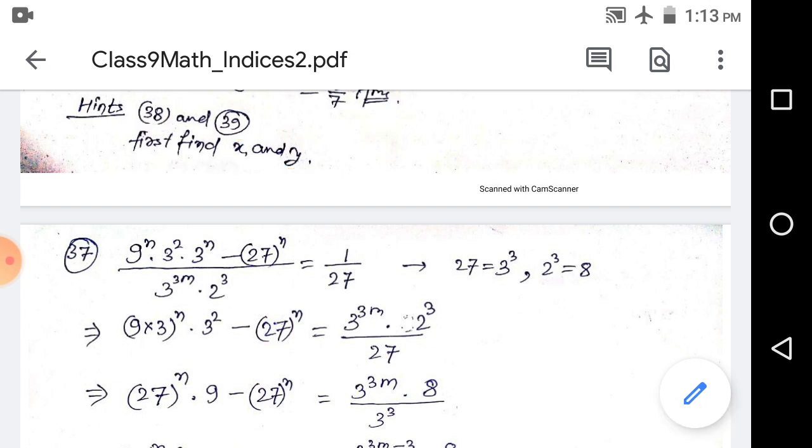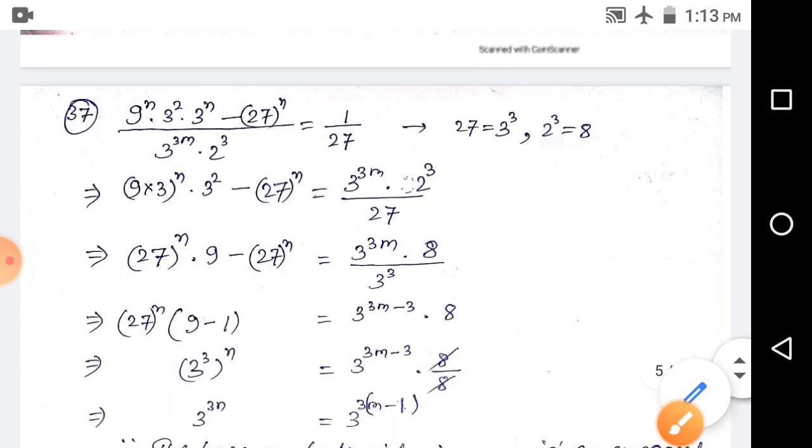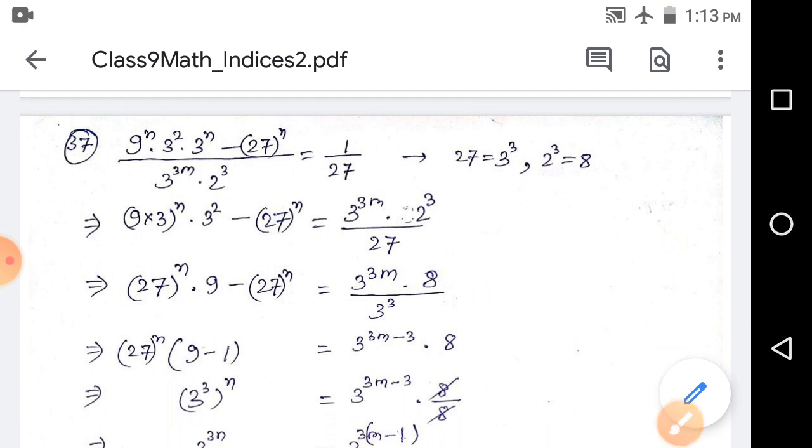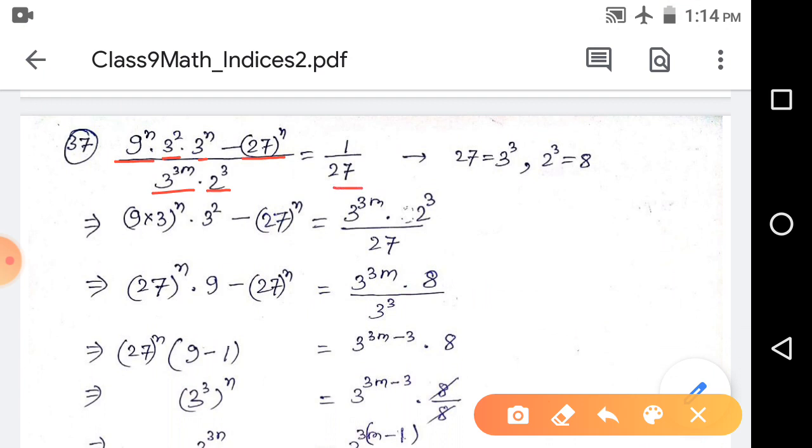Now see the solution of question number 37. We have the question 9 to the power n, 3 to the power 2, 3 to the power n minus 27 whole to the power n, divided by 3 to the power 3m and 2 to the power minus 3, and here we have 1 by 27 in the RHS.